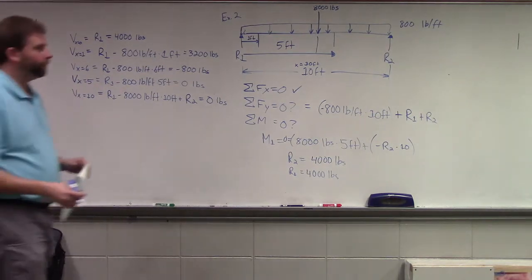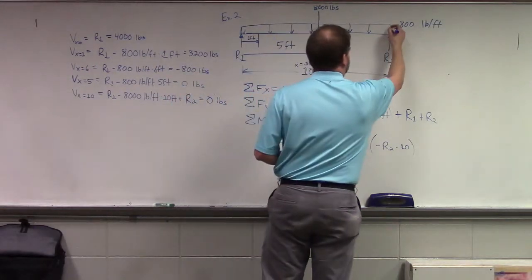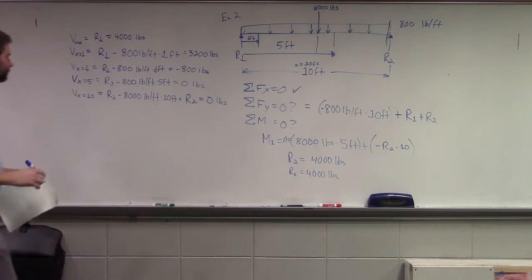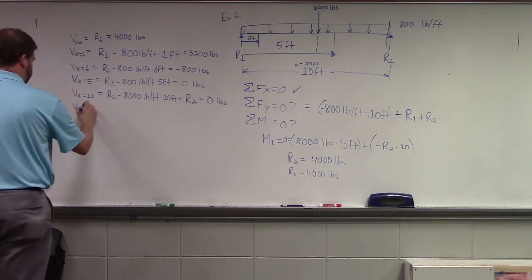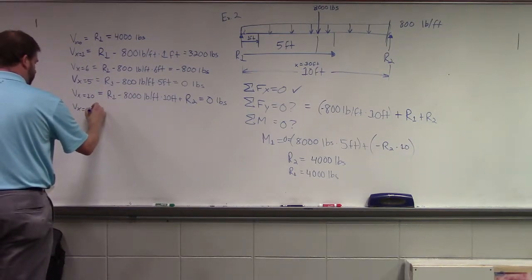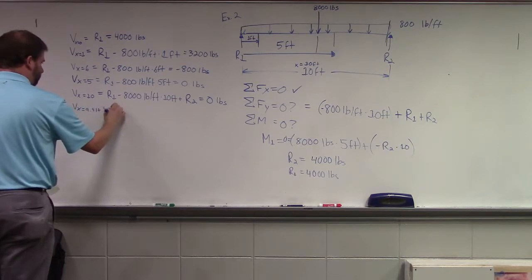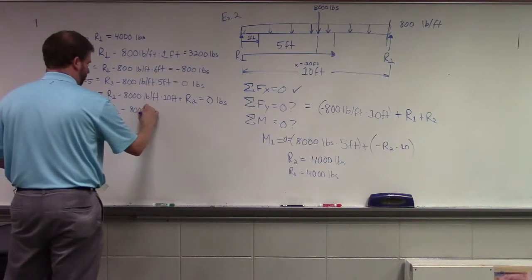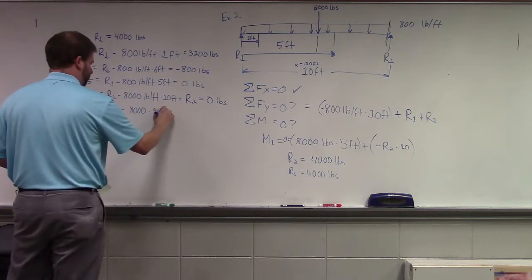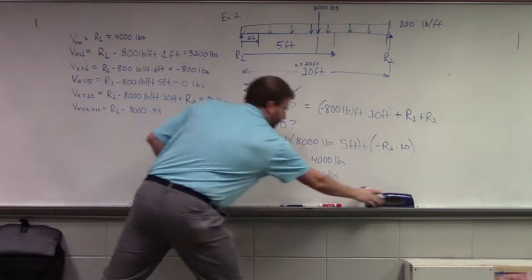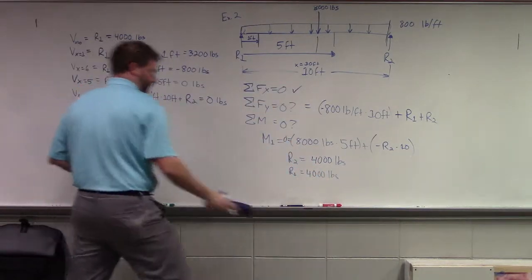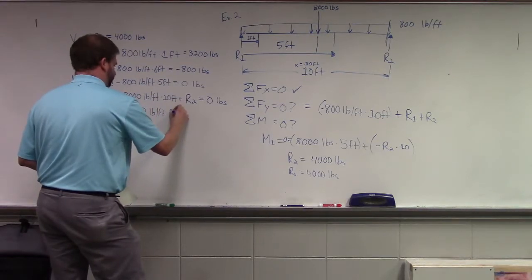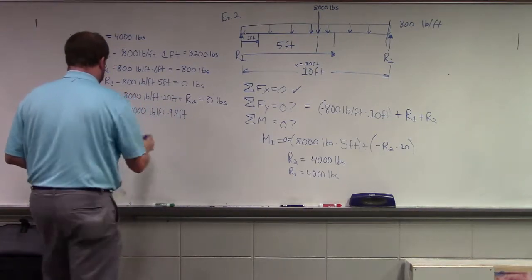What would we have just to the left of R2? Negative 4,000, no, what'd you get, Russ?